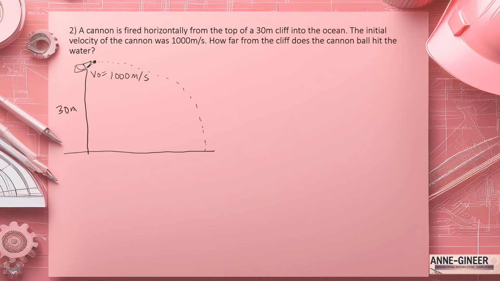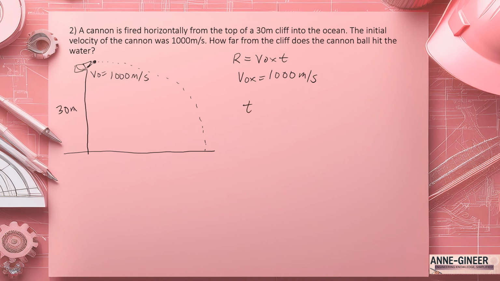Here, we are looking for the range. The formula for range in case 2 is this one. We don't have an angle, so it means V0x is also equal to 1,000 meters per second. Here we only need the time.